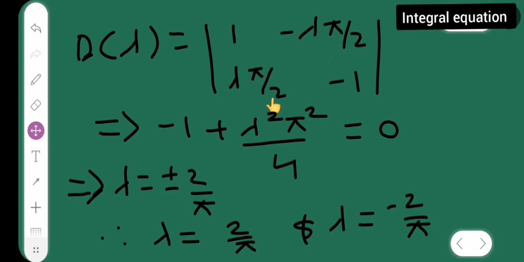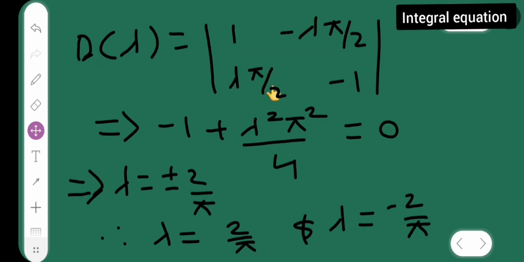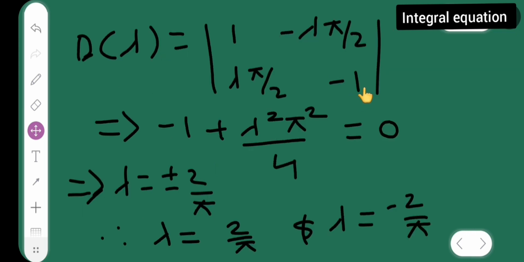And then this second part is what? Lambda pi upon 2, and then this is minus 1, the coefficient which I have taken here. Then 1 into 1 is minus 1, 1 into minus 1 is minus 1, plus lambda into lambda is lambda square.